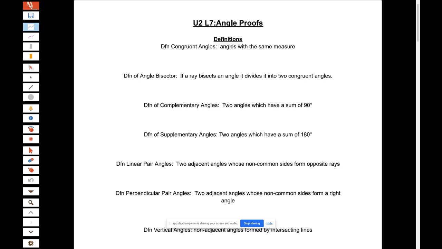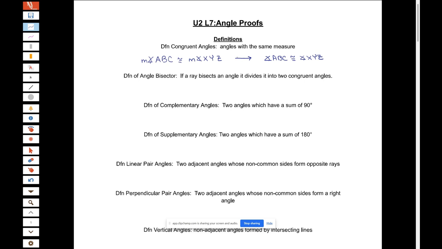So maybe if you have a statement in your work somewhere that the measure of angle ABC is congruent to the measure of angle XYZ, you can use that to conclude that angle ABC is congruent to angle XYZ.